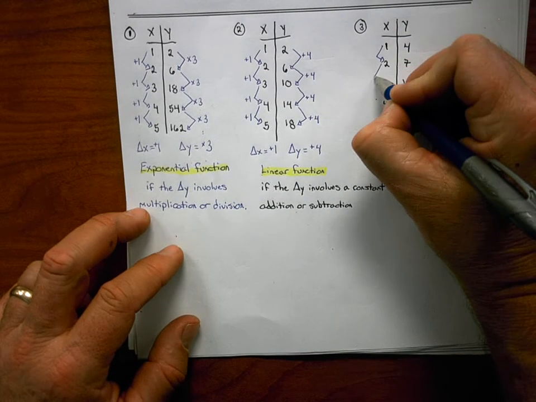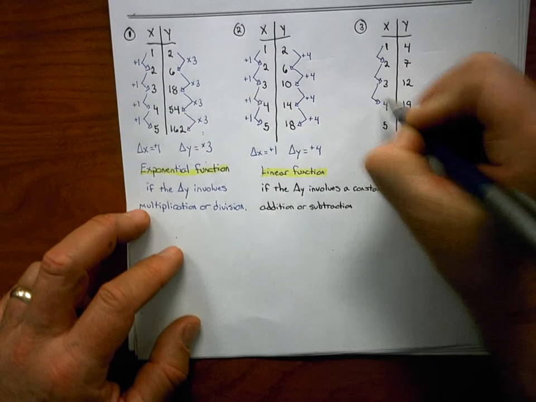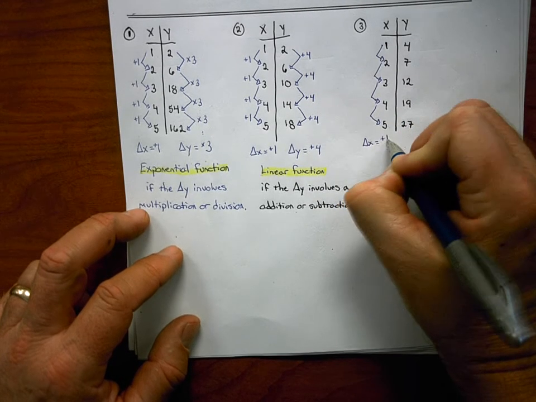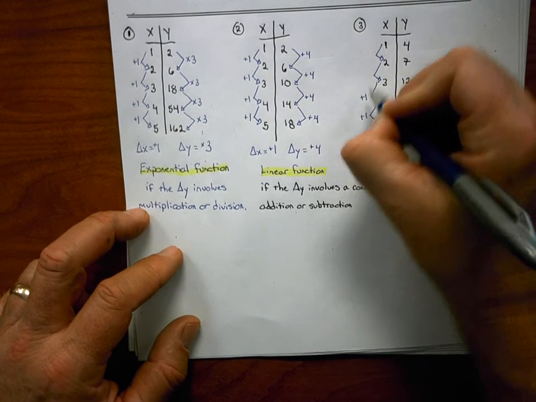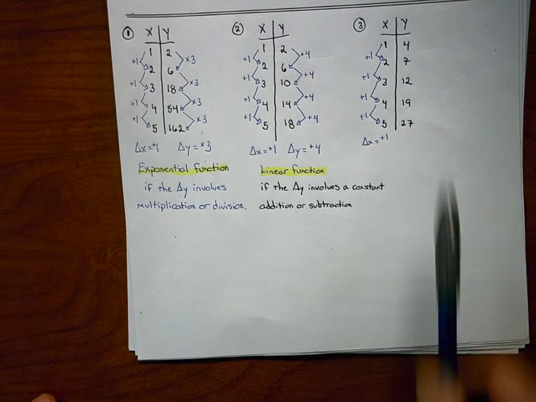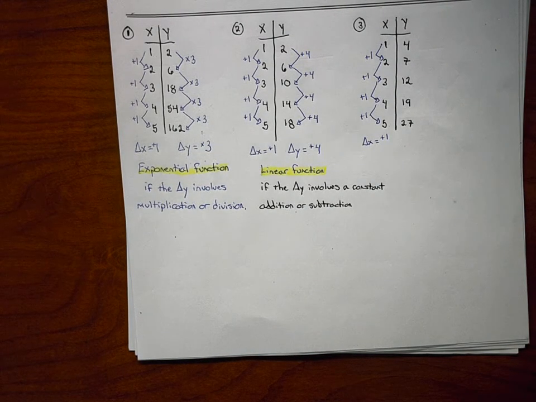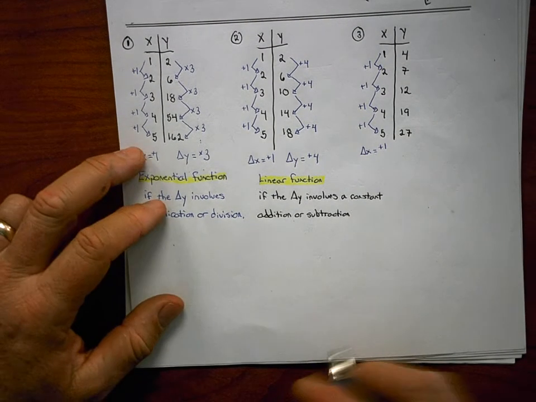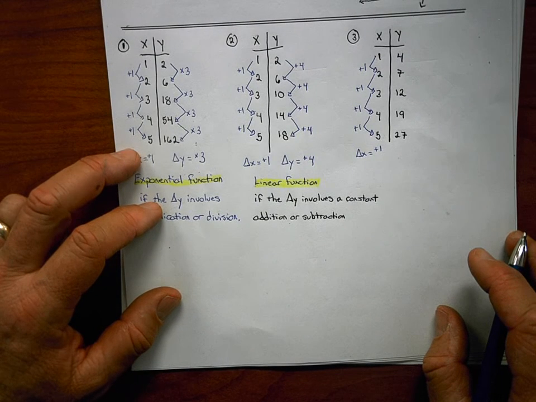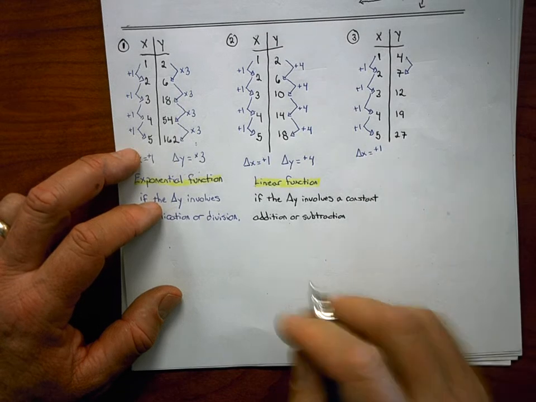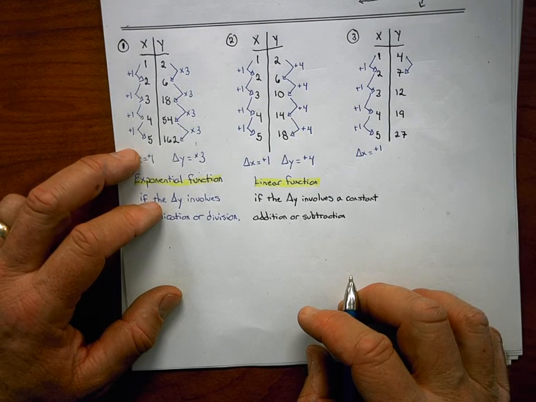So what are your delta x's? 1. You guys, delta x is not always 1, but delta x here is plus 1. When delta x is plus 1, it makes it really easy to see. Sometimes delta x mixes it up. Now, anybody see the pattern with the y's? The first one is going up by 3.